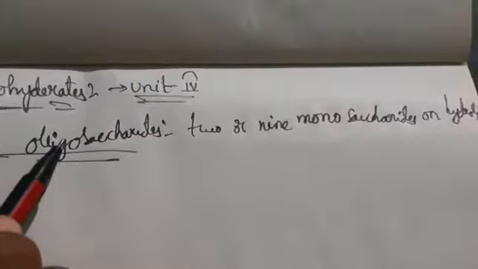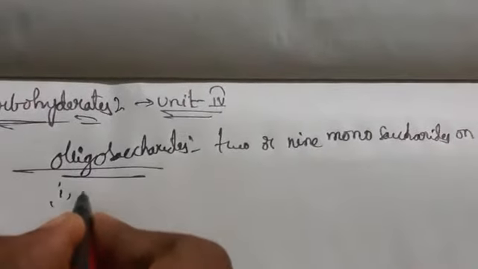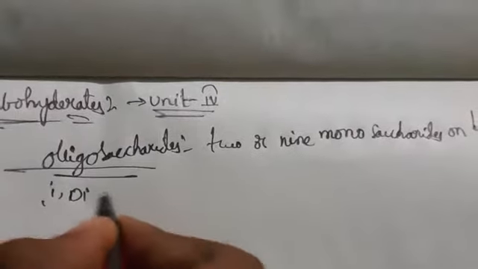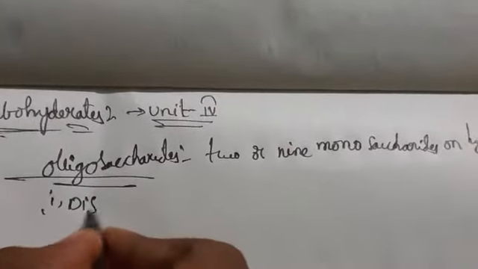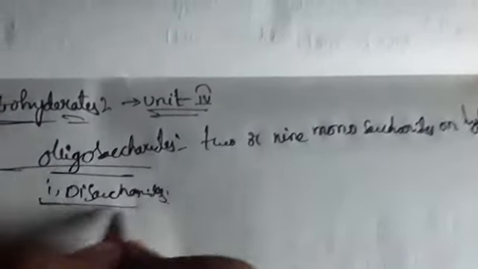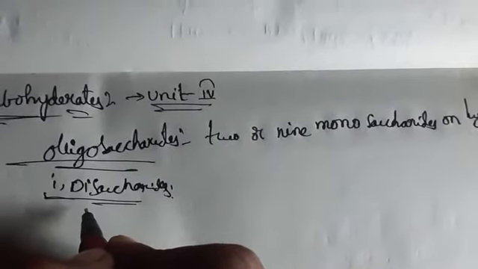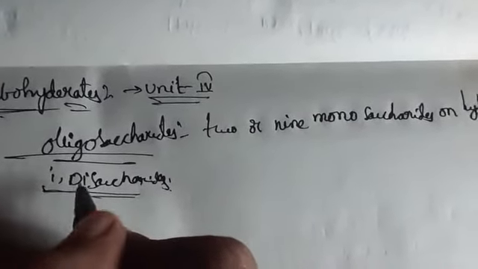So oligosaccharides consist of 3 types, that is, disaccharides, trisaccharides and tetrasaccharides. Disaccharides: di means 2. It consists of only 2 molecules of monosaccharides.